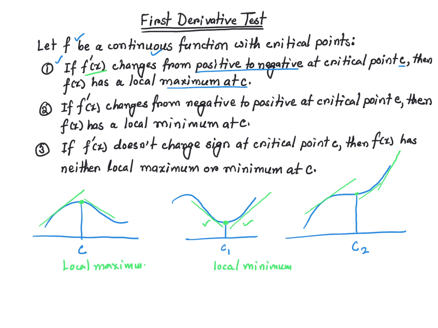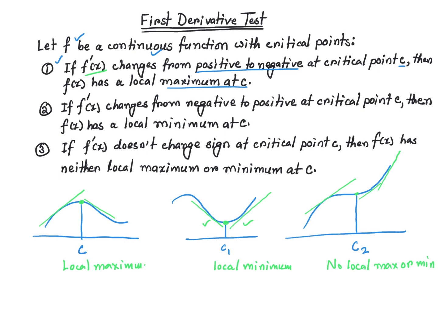So to the left of point C2 the derivative is positive, and to the right of point C2 the derivative is positive as well. In this case, we really don't have a local maximum or minimum. So no local max or min. This is one scenario.